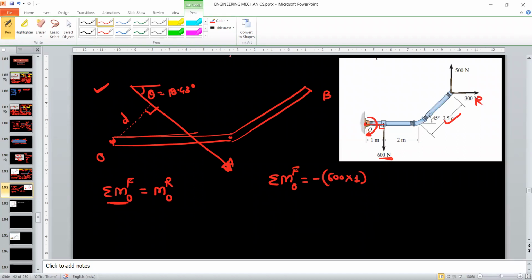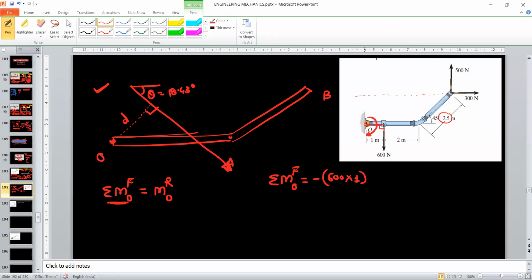Next is the 300 Newton force. For the 300 Newton force, a direct perpendicular distance is not available. This 2.5 meter distance is the aligned distance, not a perpendicular distance. So for that, just extend this line of action like this.